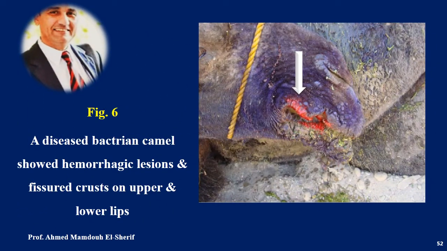A deceased Bactrian camel showed hemorrhagic lesions and fissured crusts on upper and lower lips. The blue color here is due to treatment with gentian violet.